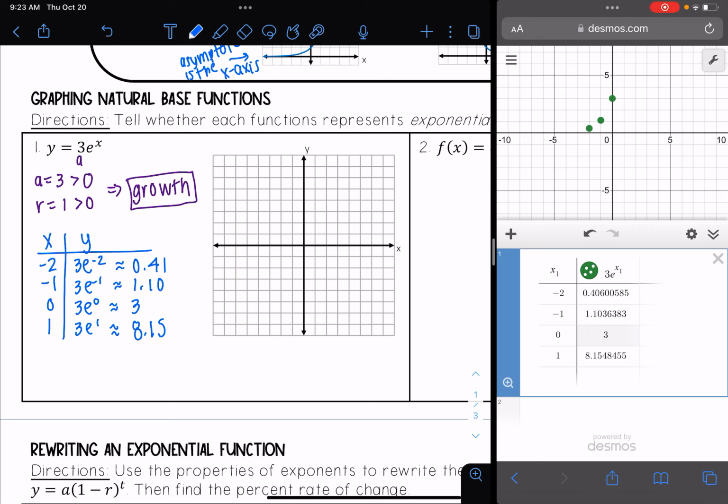And so now I'm just going to graph those. So here I have -2, 0.41, -1, 1.1, 0, 3, and then 1, 8.15. And again, the x-axis is the asymptote, so I'm going to follow the x-axis and then go up those points.